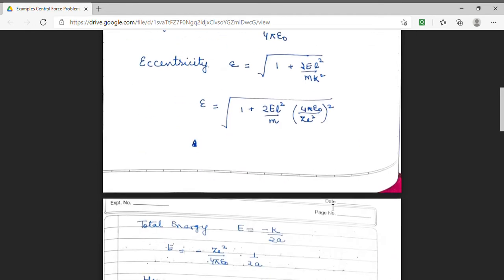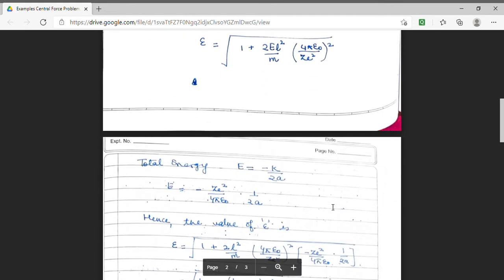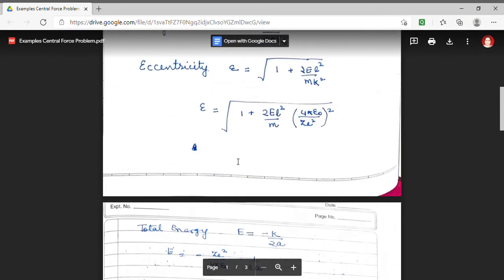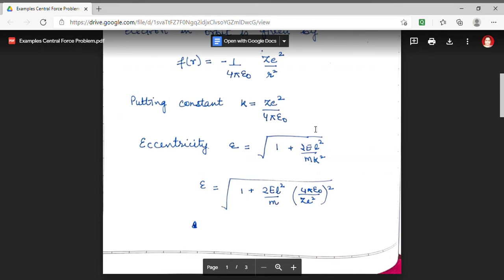Now, we know that total energy is related to the semi-major axis, and it has the formula E is minus k upon 2a. So we have the value of k as Z e square upon 4 pi epsilon 0. My E will be minus Z e square upon 4 pi epsilon 0 multiplied by 1 upon 2a.